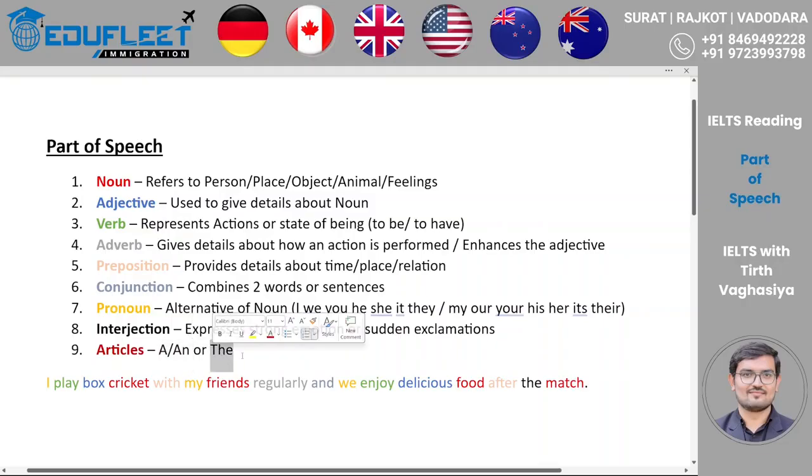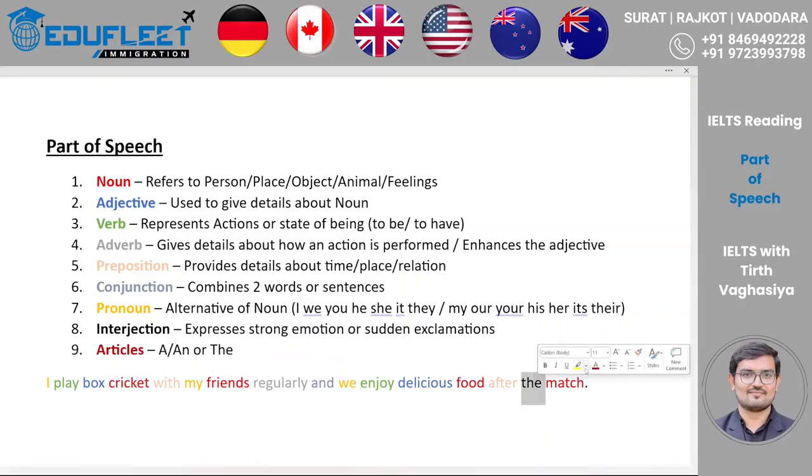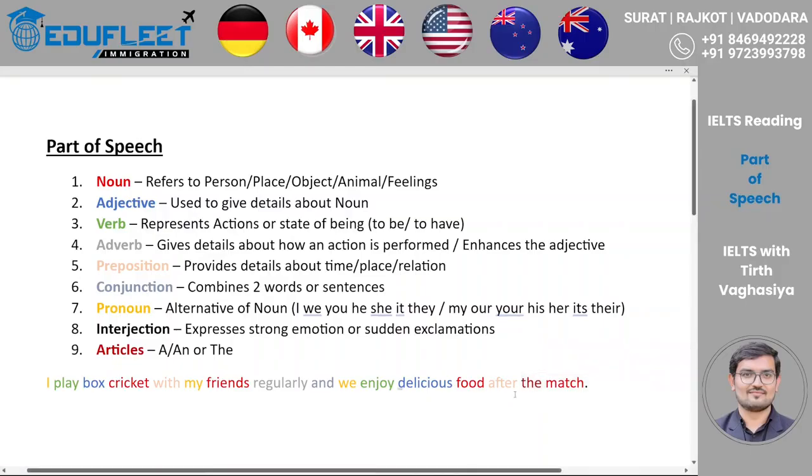The, that is usually the plural article. Along with that, there is another bifurcation. If you see over here, the match, because we are already clear that we are talking about the box cricket match. That is why the term over here is the match.